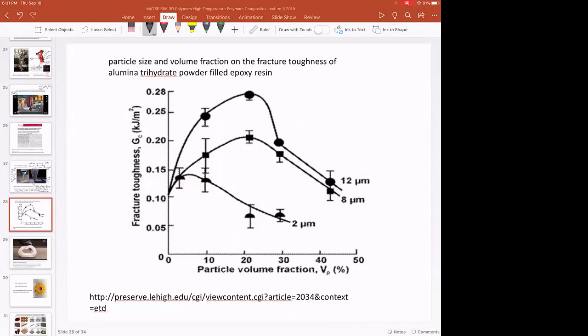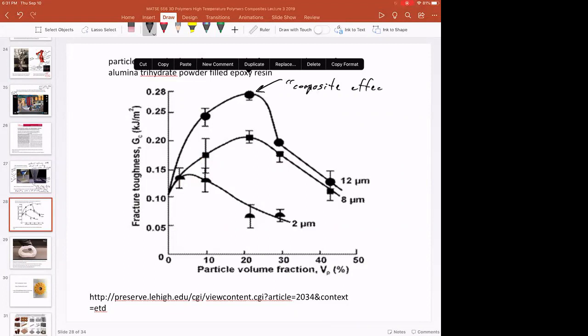But oftentimes you see this really interesting phenomenon called the composite effect, where if you look at some property, in this case fracture toughness, as a function of the particle volume fraction, which is how many particles you're putting in the composite.